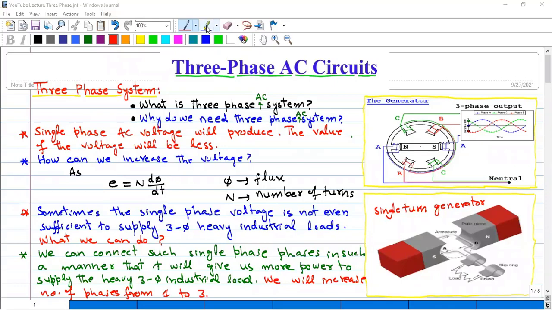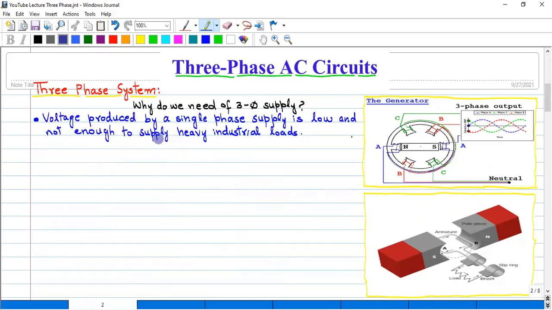Okay, now we will discuss, why do we need three-phase AC system? Voltage produced by a single phase supply is low and not enough to supply heavy industrial loads. In industry, heavy machines are there. Those machines can't work on single phase. For heavy machines, we need high voltage, which cannot be provided by a single phase supply.